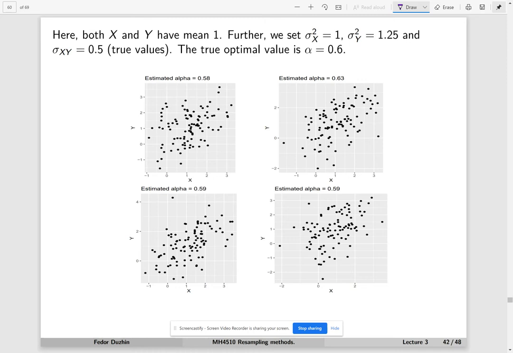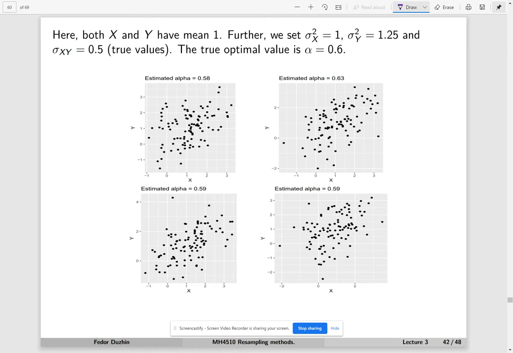Now, what I did, I tried to repeat the numerical experiment from the textbook, just to see if it works and how it works, with the same parameter values.